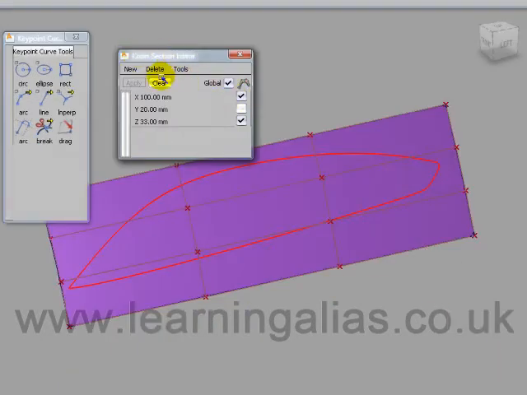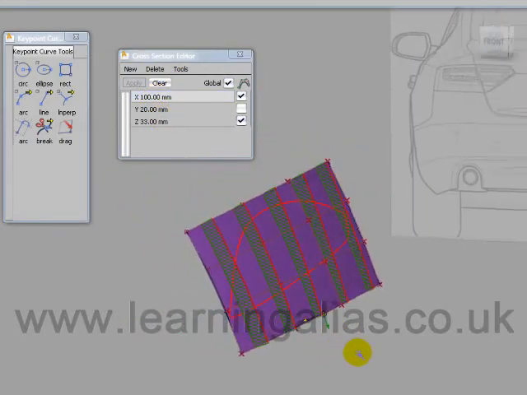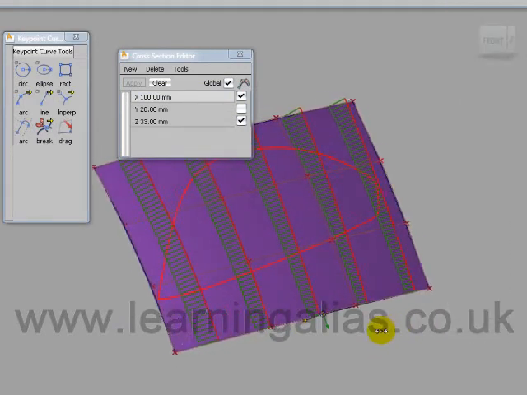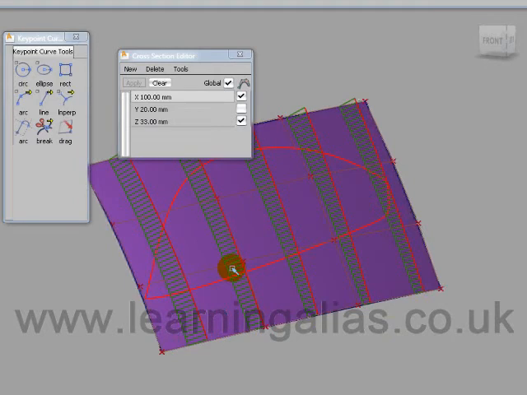Let's use the cross-section editor now, and first of all we'll look at our X sections, and they don't look too bad. These ones look very good.